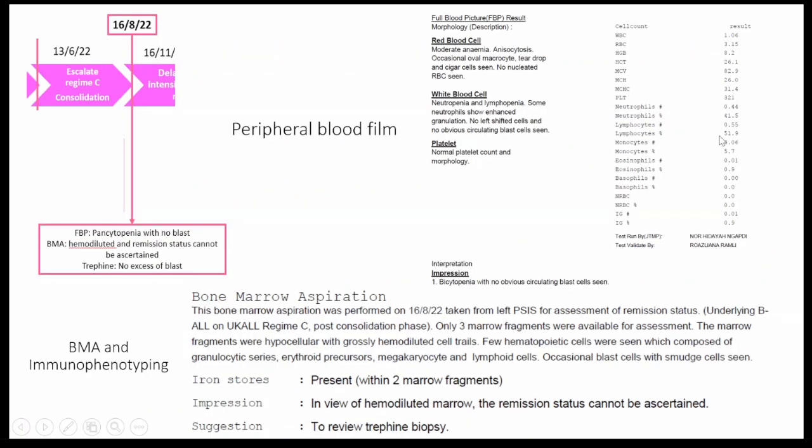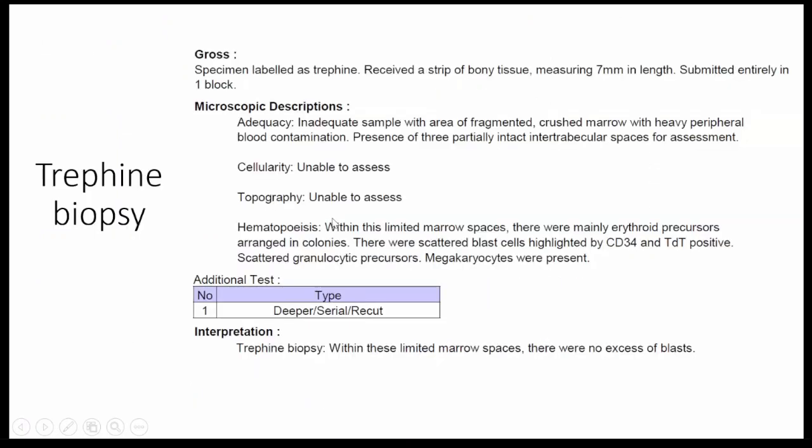The patient was then escalated to regime C, where the count still had not recovered, and the marrow remission status could not be ascertained. Based on trephine, we concluded there was no excess of blast, as there were scattered blast cells highlighted by CD34 and TdT.